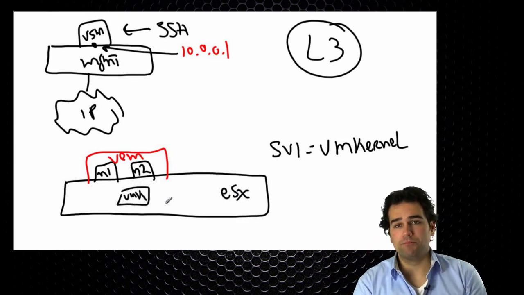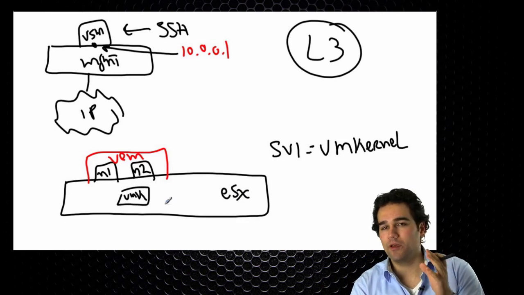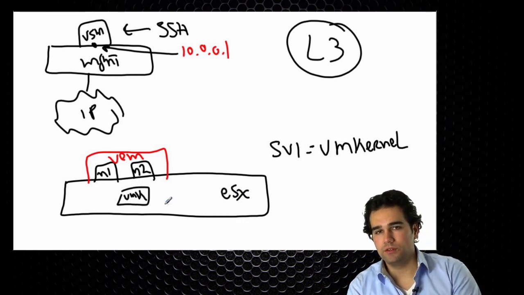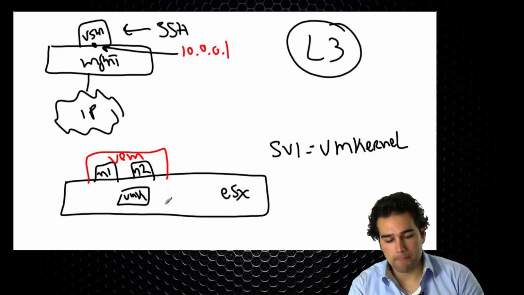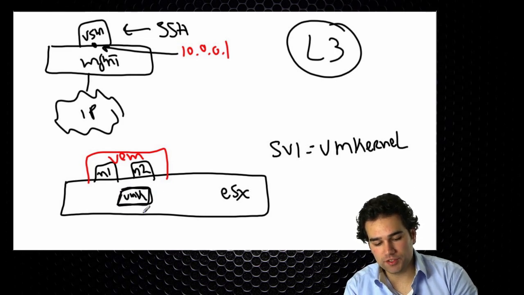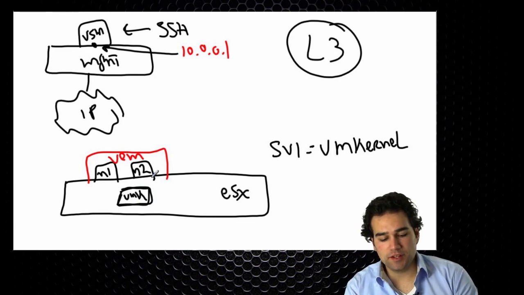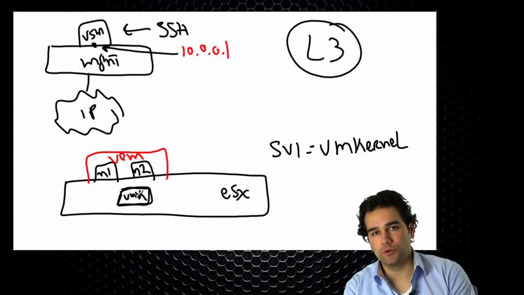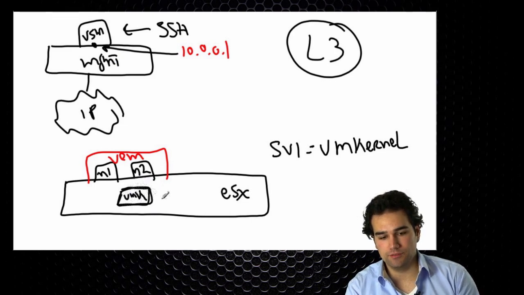I can have multiple. That's actually the best practice. So I have one for management, I have one to do vMotions, I have one to do fault tolerance, I have one to do anything else. I have one for my storage connectivity on IP. So VM kernel ports have an IP address configured. So now my best practice, I configure a new VM kernel port just for the connectivity between the VSM and the VEM. So this is not part of the Nexus configuration, this is part of the VMware configuration.